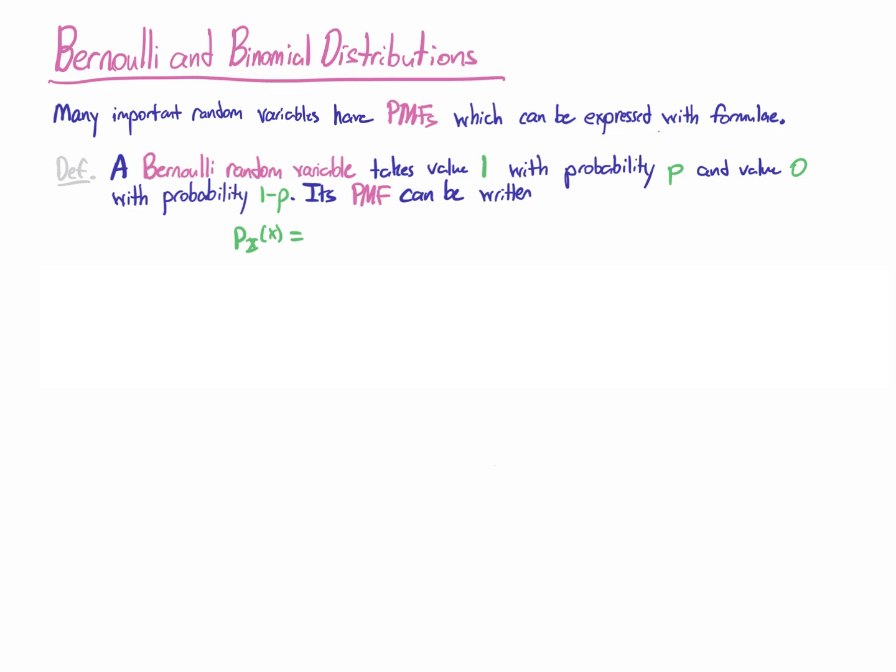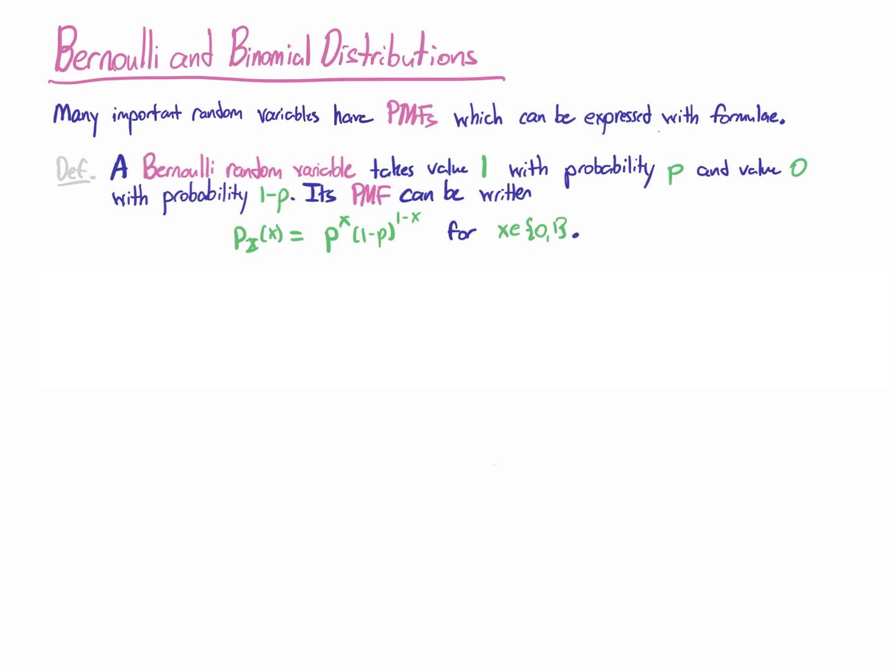But here's a slicker way. The PMF is p to the x times 1 minus p raised to the 1 minus x, for x in 0, 1. And you might ask, this is horrible, Phil, why did you write it that way?